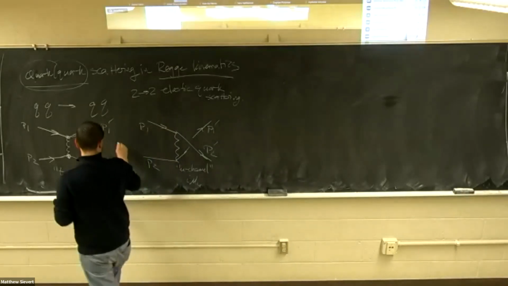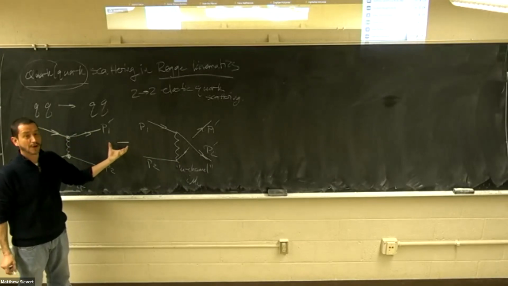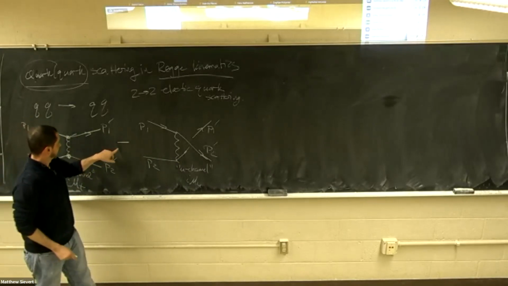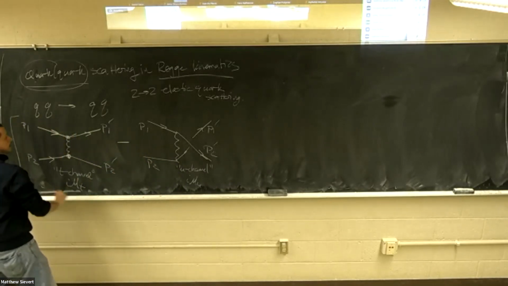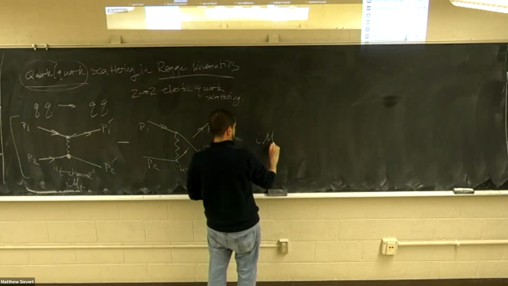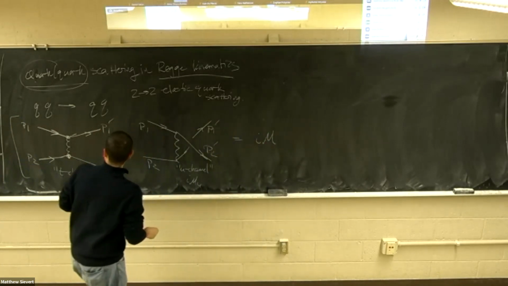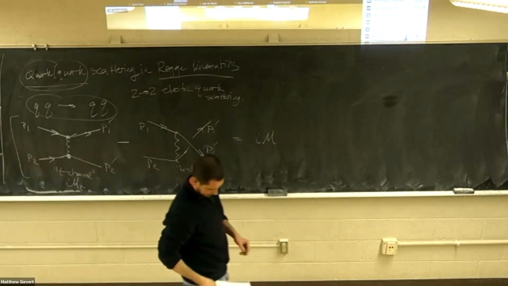You pick up a minus from the anti-symmetry. Exactly. They're anti-symmetric under exchange of identical particles, so I don't add the two amplitudes together, I subtract them. Or equivalently, I could say this minus sign is included in the Feynman rules. So overall, this is the content of the scattering amplitude iM for lowest order elastic scattering.